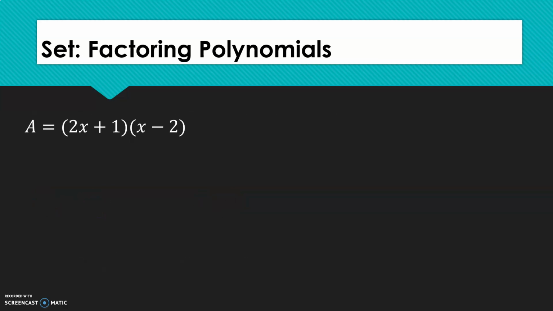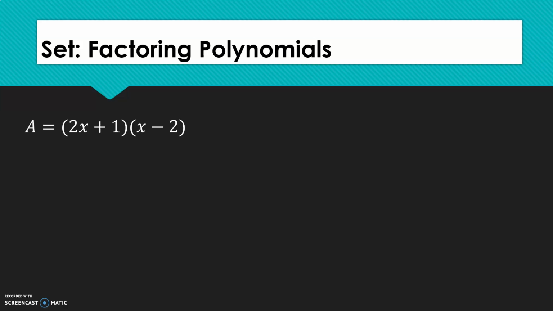Our Set asks us to factor some polynomials. We'll start by looking at how the area model of a factored polynomial is related to the standard form of that same polynomial. We have the factored form 2x plus 1 times x minus 2.